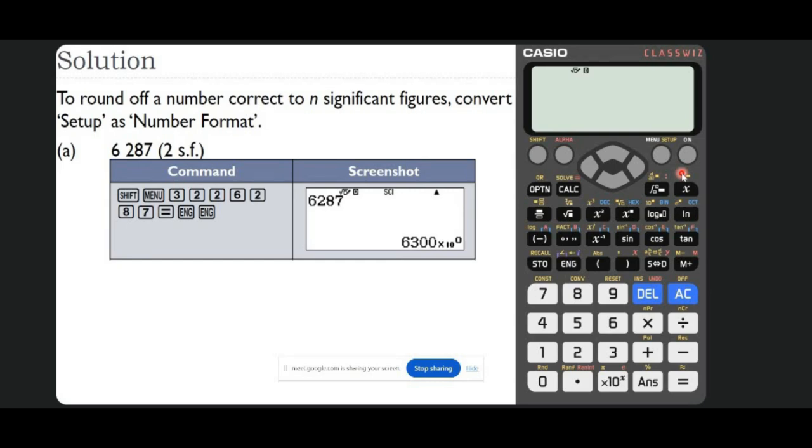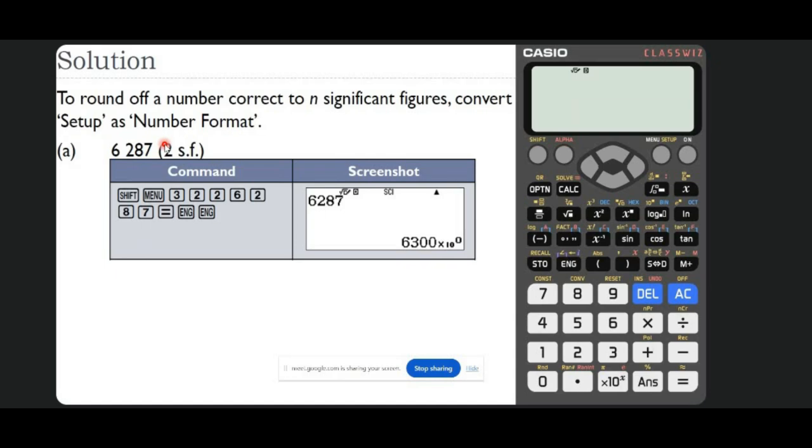SCI means scientific, so significant figure is scientific form. So we need to press 2. And then because we need to convert it to two significant figures, we press 2 again.